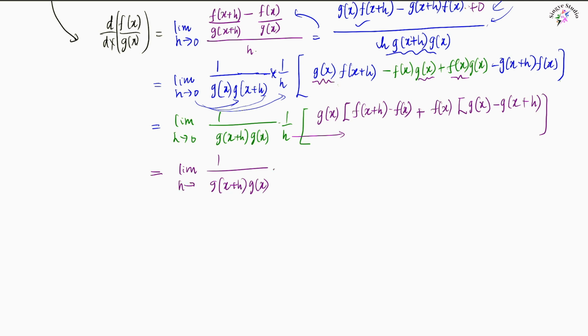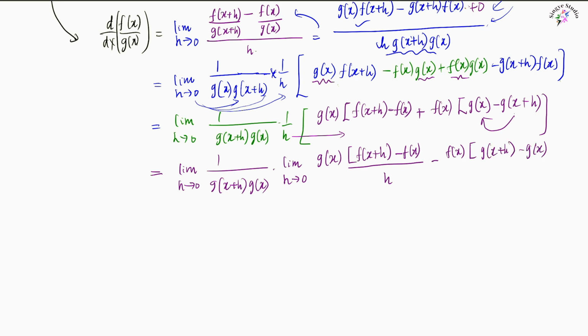Times limit h approaches to 0 of g of x times f of x plus h minus f of x divided by h, plus, see here we can modify this by taking the minus sign to become f of x times g of x plus h minus g of x divided by h, right?